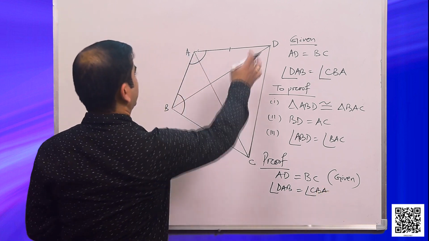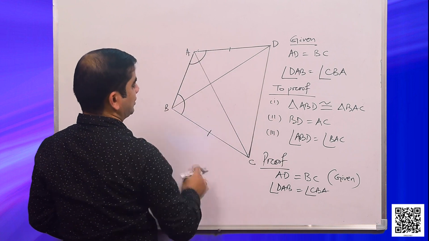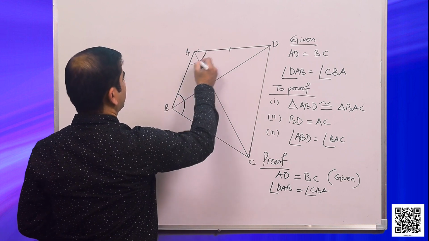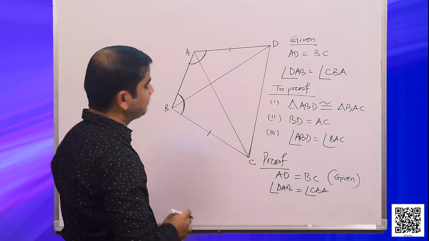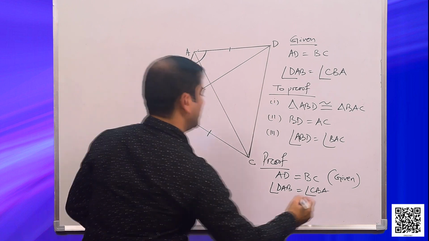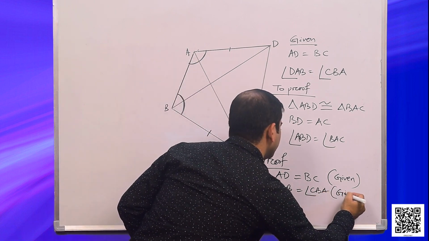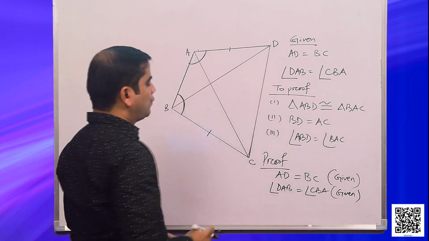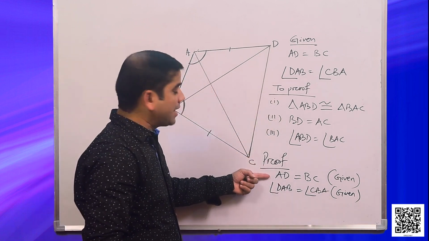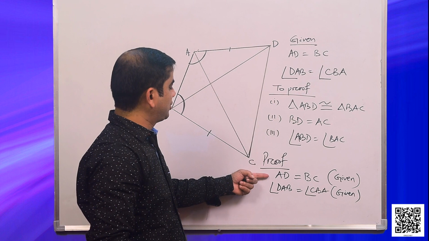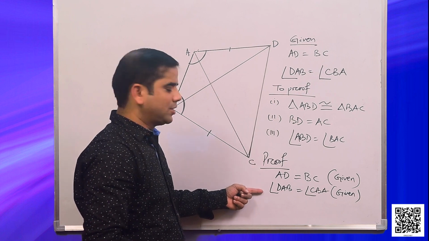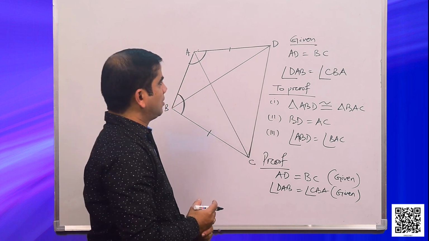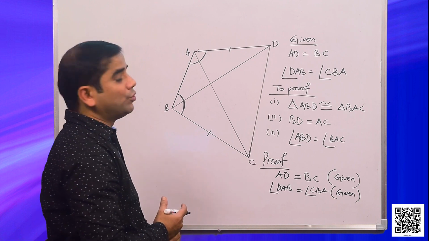Fine, these two angles are also given. So, we have a pair of sides which are equal to each other and a pair of angles which are equal to each other. What else can we find from those two triangles?